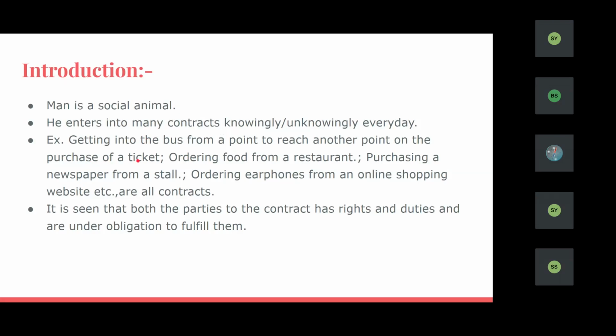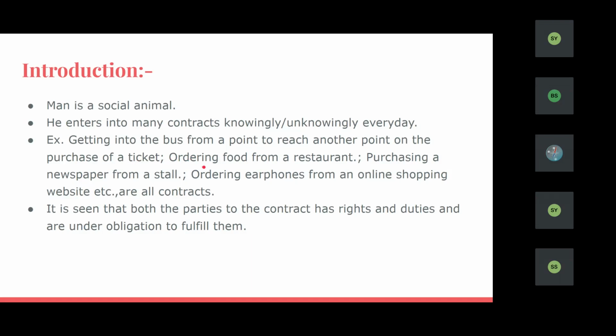So for instance, you are taking a bus to reach your workplace, so you're purchasing a ticket, right? So it is a form of contract which you are entering into with the TSRTC, right? You're paying something to purchase a ticket. So it is a type of contract.